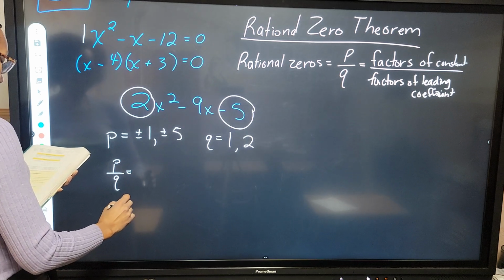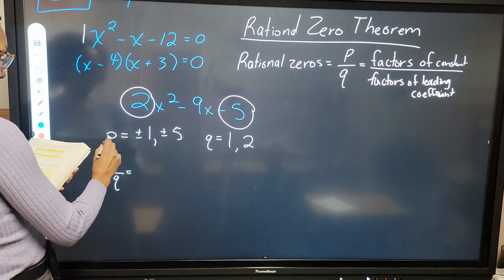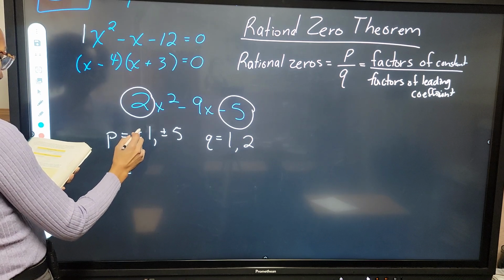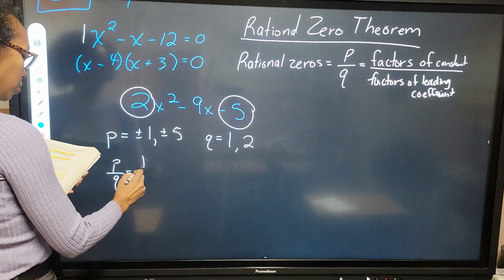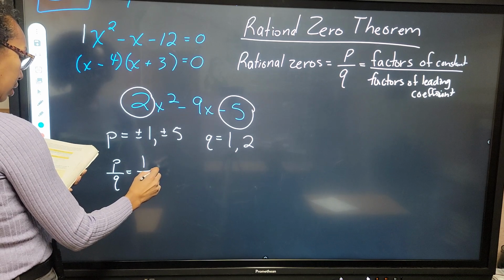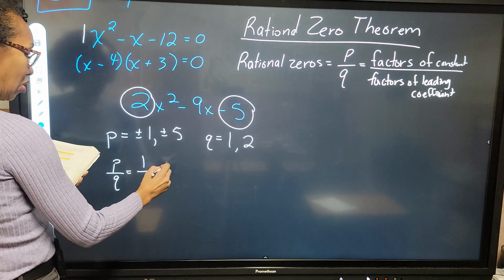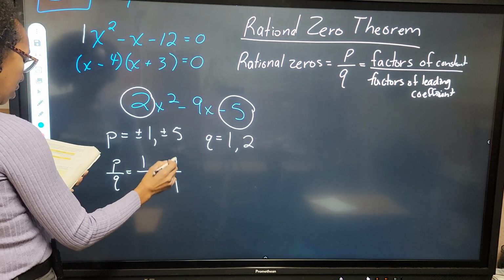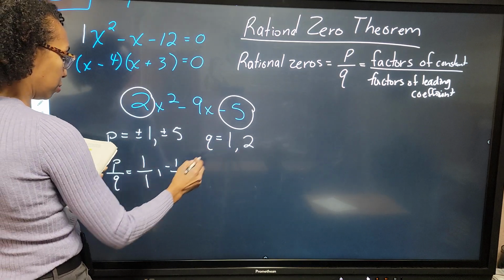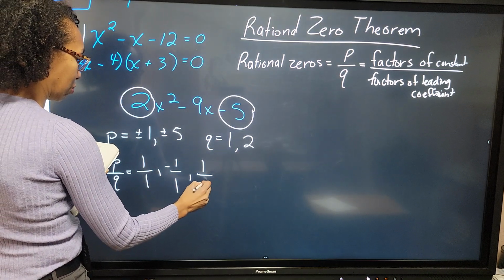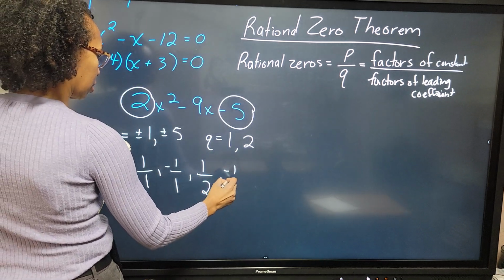So let's say we start with all of our 1's. I can take positive 1 divided by this 1, negative 1 divided by 1, and then positive 1 divided by 2, and negative 1 divided by 2.